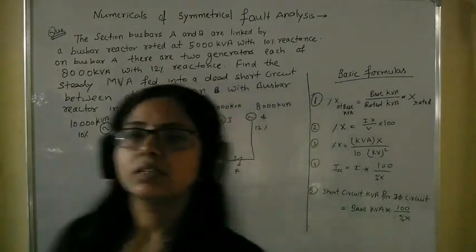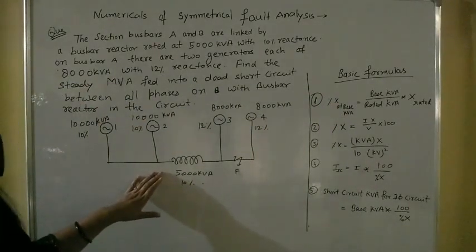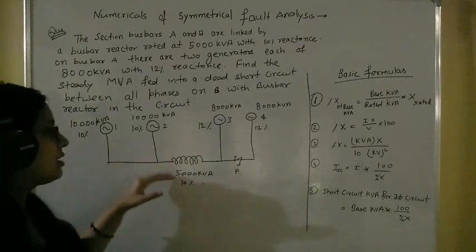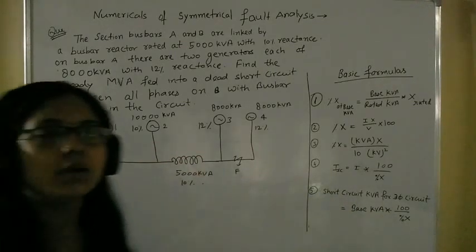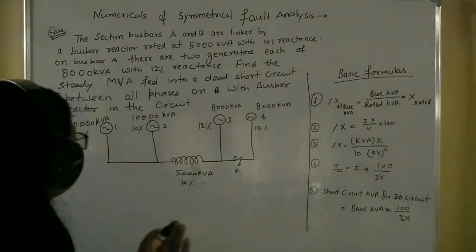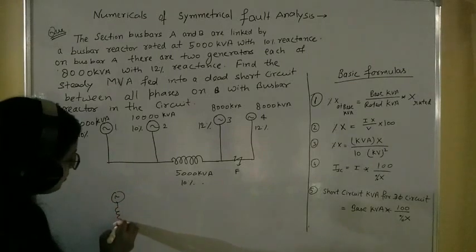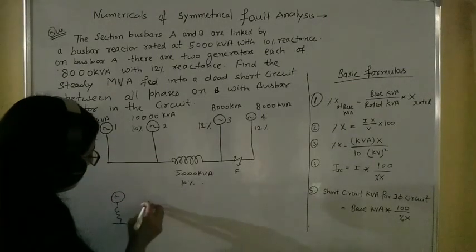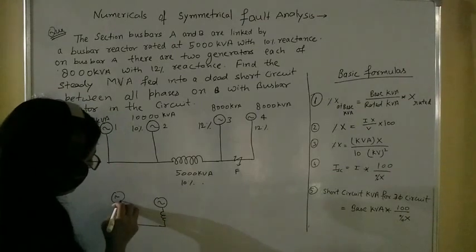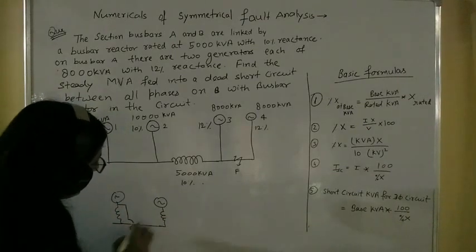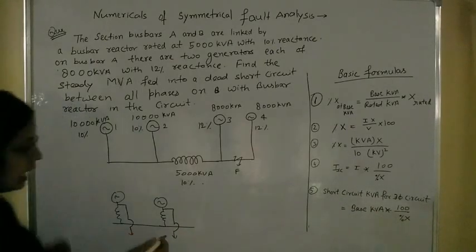Bus bars have two types of connection basically. One is the ring system, that means the reactor will be connected in the bus bar, and another is the tie bar system where these reactors are connected with the generators like this. So this is called basically the tie bar system.